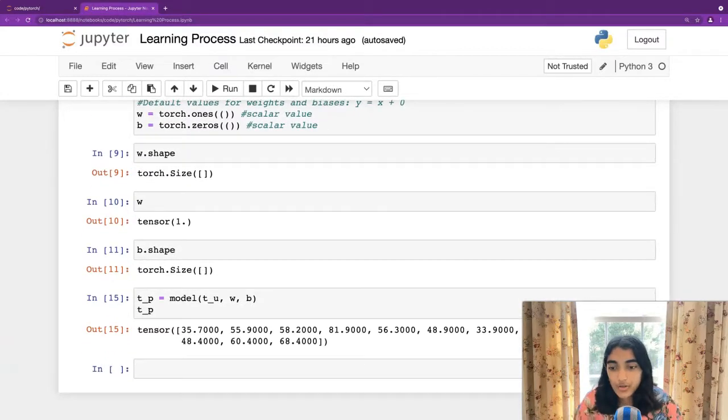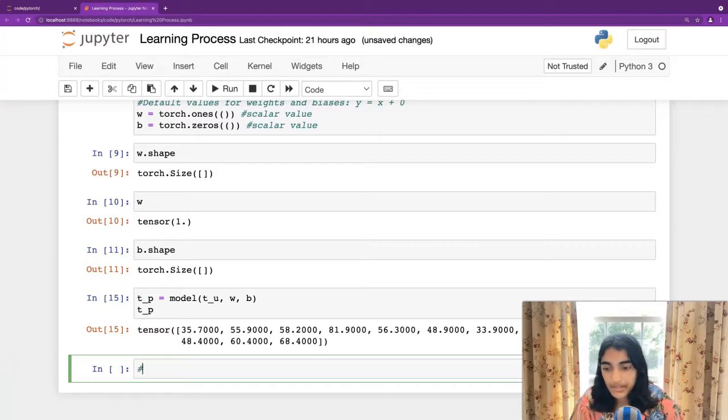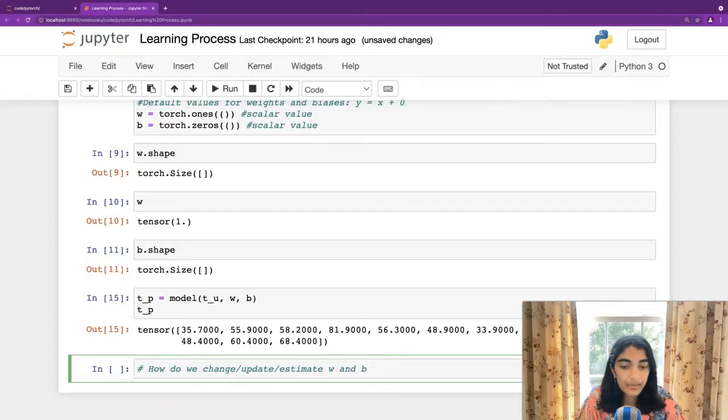Okay, so our goal for this video is to figure out how we change, update, and estimate W and B. How do we find the perfect slope and the perfect y-intercept that actually represents our line?